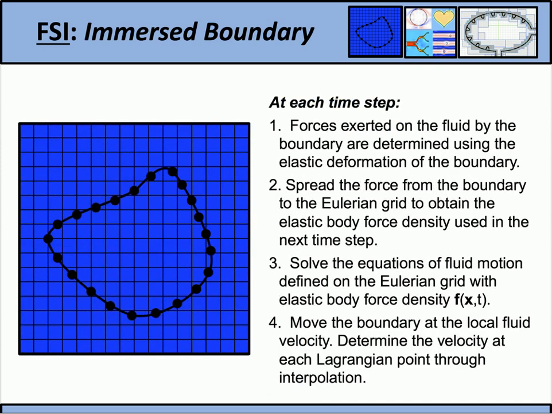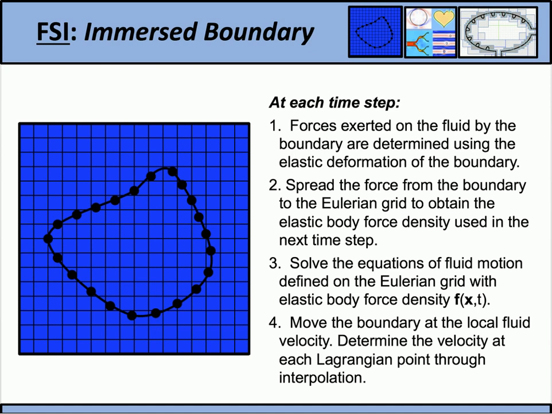So this is essentially one time step of immersed boundary in a nutshell. More or less, forces are computed onto the fluid by the boundary. This spreading of force is then put onto the fluid equations in which we update how the fluid moves. When the fluid moves in a new way, it's going to affect the way that the boundary moves, and once that boundary moves, there's going to be new deformation forces arising that can be spread onto the fluid grid. So essentially, the immersed boundary does exactly what you think it would do at every time step.